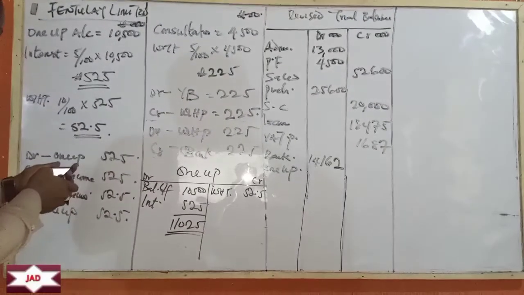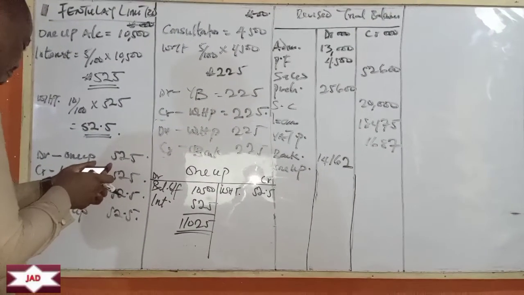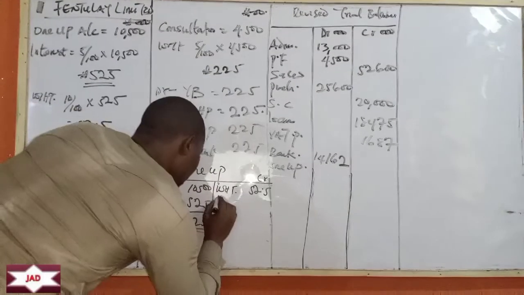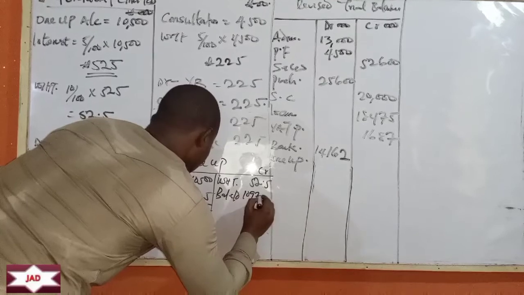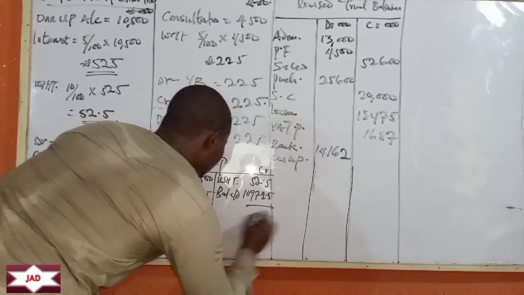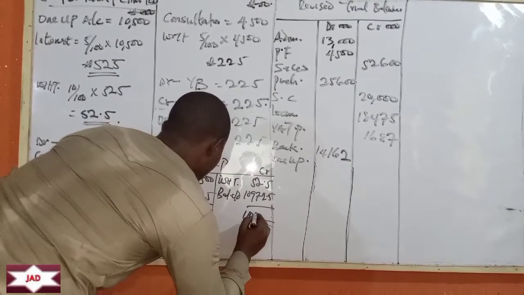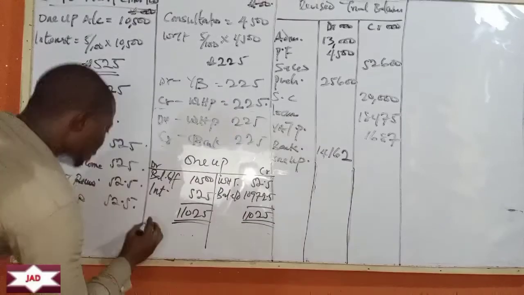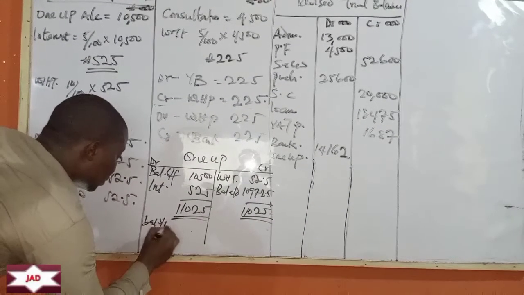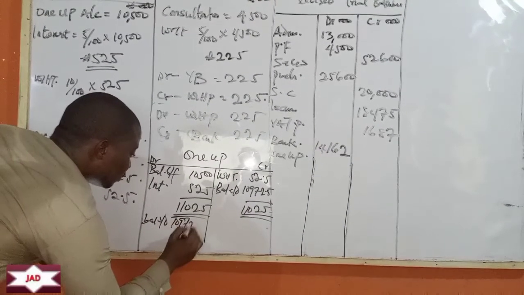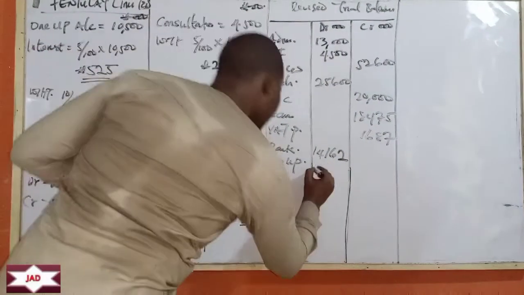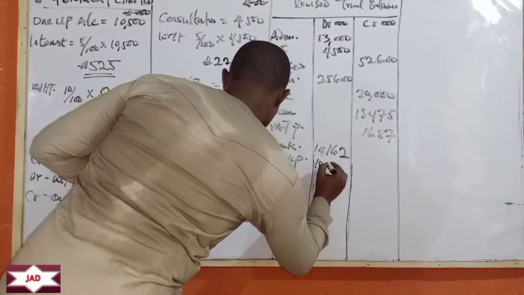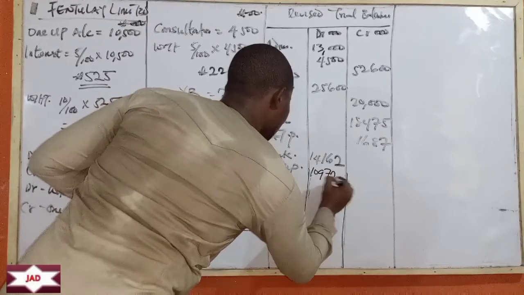Minus 52.5, so we have a balance of 10,972.5. So balance brought down here will be 10,972.5. Our new one up balance is 10,972.5.